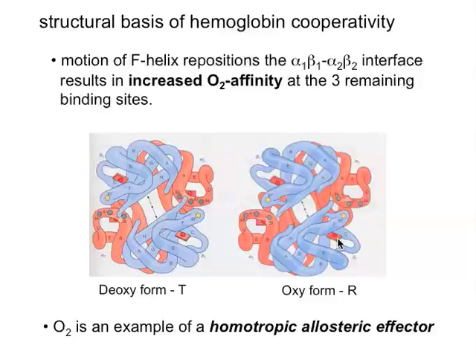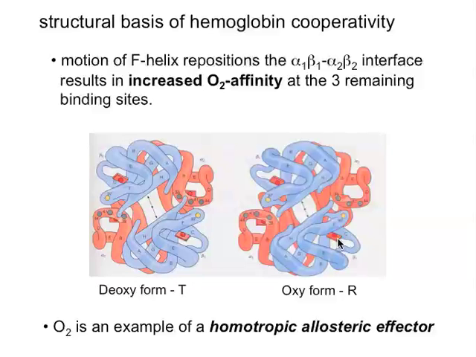So, let me say first of all that oxygen is an example of a homotropic allosteric effector. So there's a little bit of allostery terminology. It's an allosteric effector because it changes the relative affinity or changes the function of the molecule, hemoglobin.